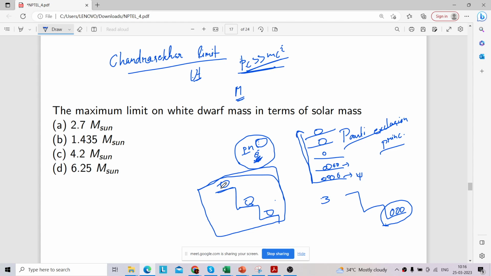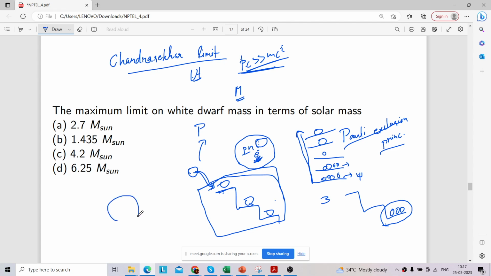Eventually they will fill up, and the next marble will try to come onto an occupied one. If there are 4 marbles and you have 3 stairs, it can't happen, they are already occupied. So this electron will try to occupy one of the energy states, but it can't because of the Pauli exclusion principle. So it will generate some pressure in that star.